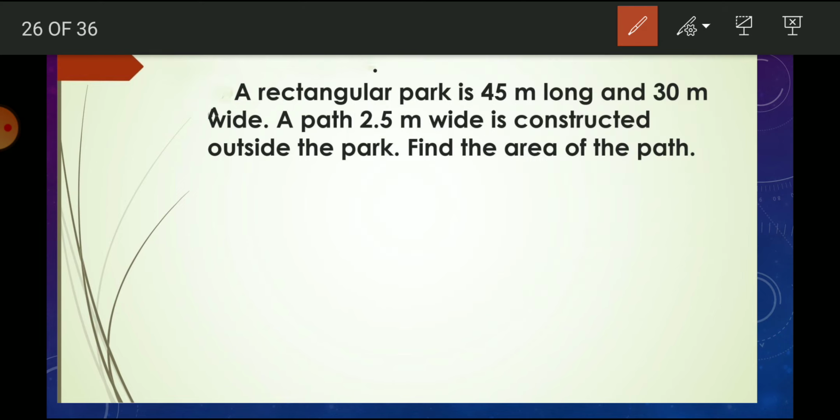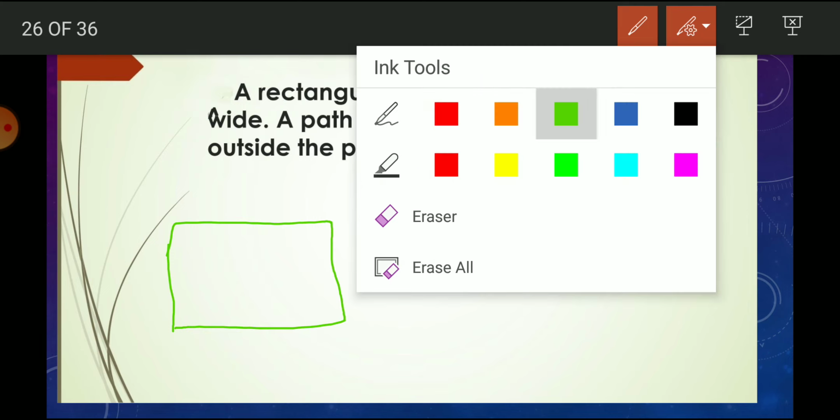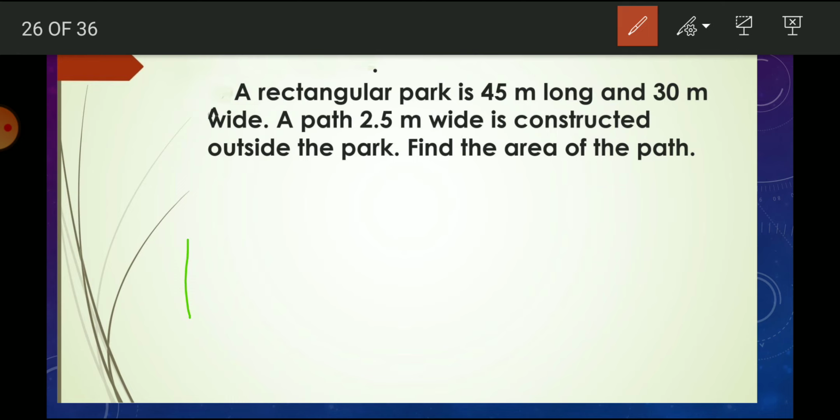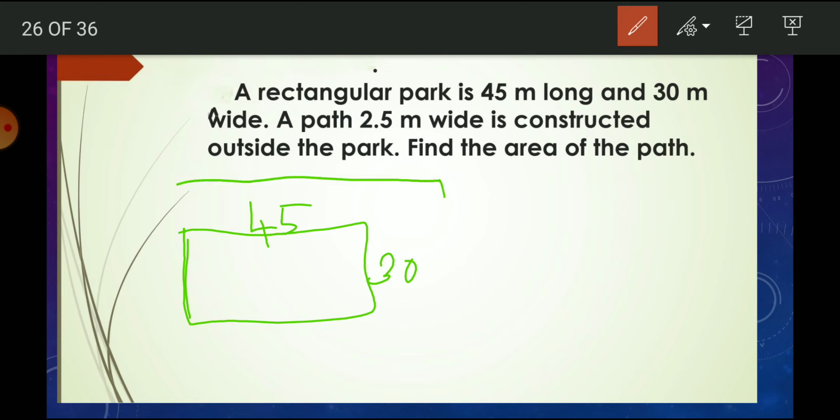So let us take the rectangular park. This is 45-meter long and 30-meter wide. Okay, so after that a path 2.5-meter wide is constructed outside. So they make one path outside.